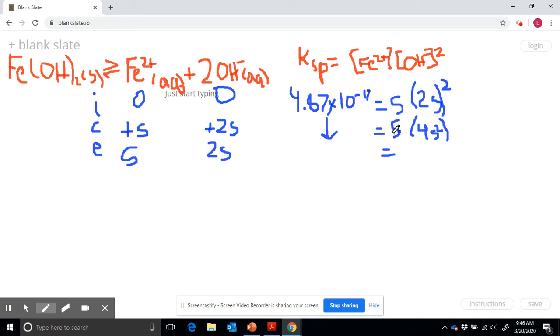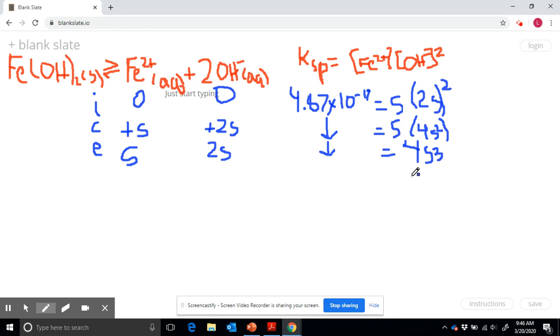And then let me go ahead and put that S in there. So I multiply this whole thing by S. So we should get 4S cubed. And that's still going to be equal to this term, this 4.87 times 10 to the negative 17.